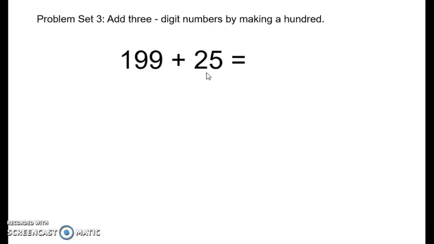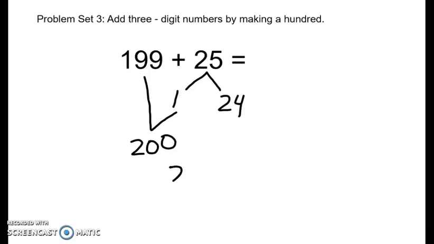So I'm going to break my second number up, and I'm going to take a 1 out of 25, which leaves me with 24 left. Now, I'm going to combine my 199 plus the 1 to make 200.